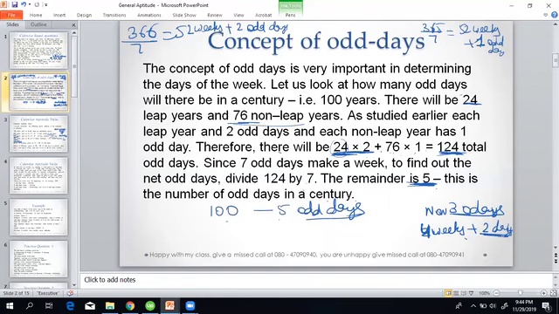Those 2 days are known as odd days, because they do not complete the week. Now you understand the concept of odd days. It is very important for solving questions based on calendars.